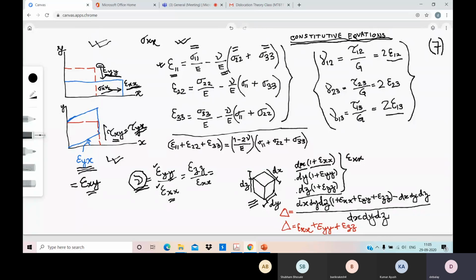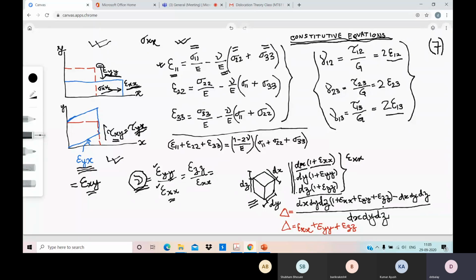So now what is the new volume? If you multiply these three terms, you will get the new volume as dx dy dz into 1 plus epsilon xx plus epsilon yy plus epsilon zz, where I am ignoring the higher-order multiplying terms because I have assumed these strain values are quite small.